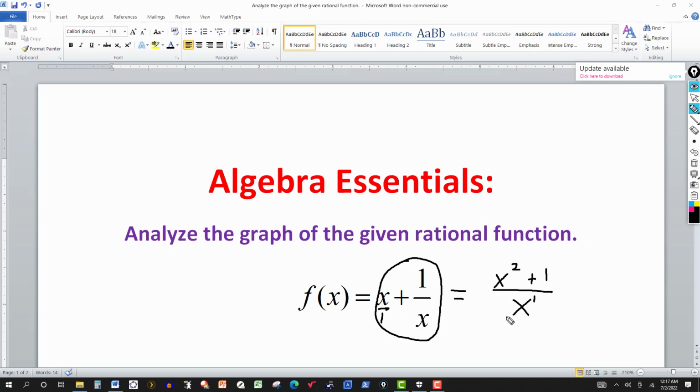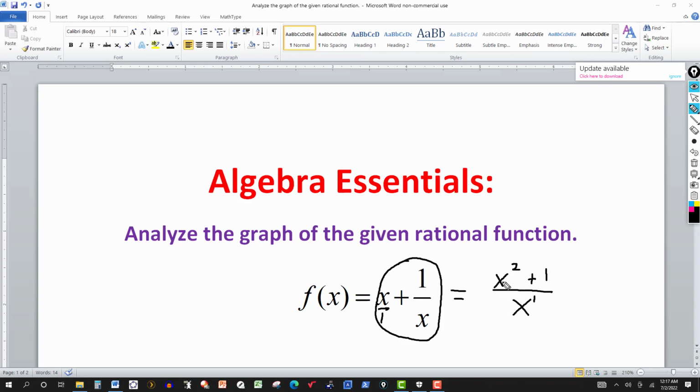So in the video where we found the asymptotes, we simply divided the denominator into the numerator, discarded the remainder, and whatever we got, the quotient, was the slant asymptote. Well, if we divide x into x squared plus 1, I get actually this right here. The 1 turns out to be your remainder, and 1 over x goes to 0. So the slant or oblique asymptote is y equals x. The graph approaches the line y equals x.